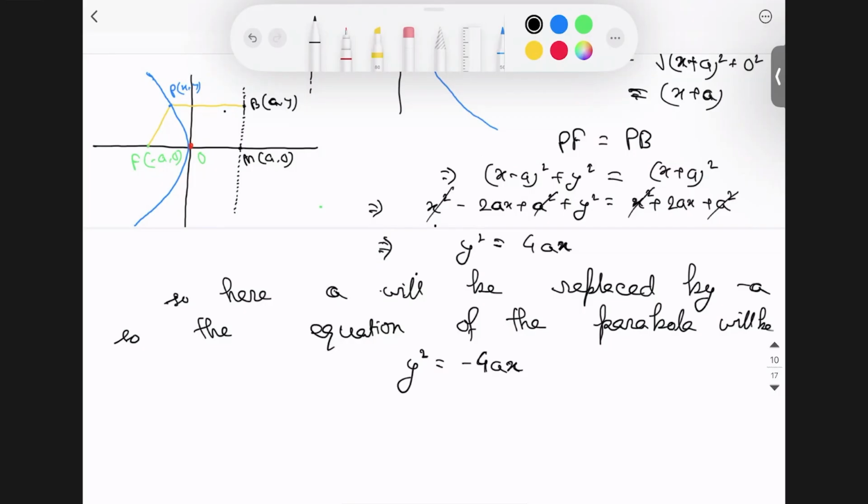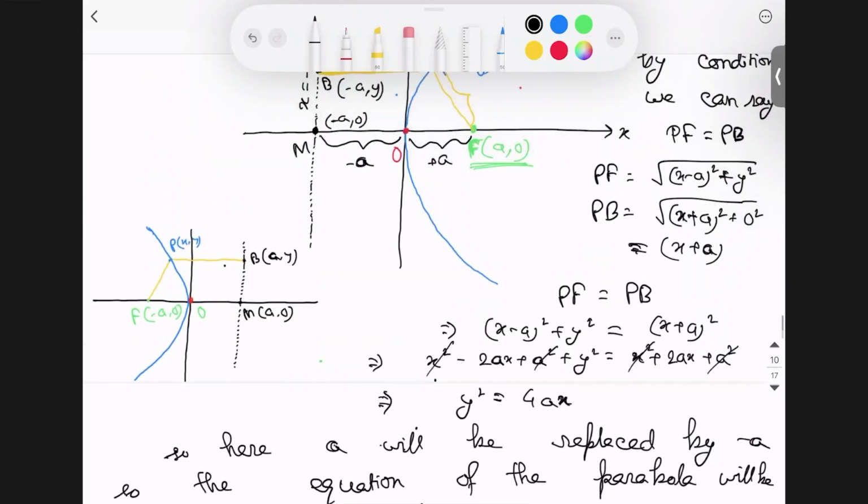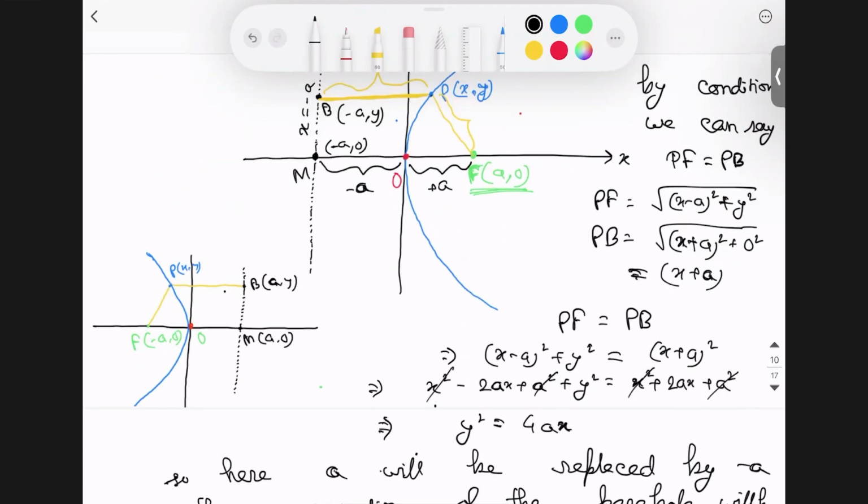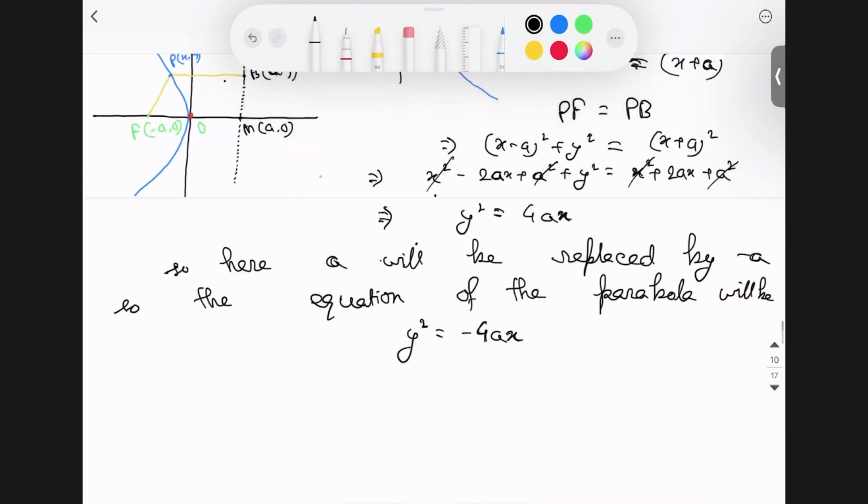You can also deduce this in the same way as we did before: find PF and PB, make the terms equal, square both sides, and equate all the terms. You can get to this equation again from the calculation.